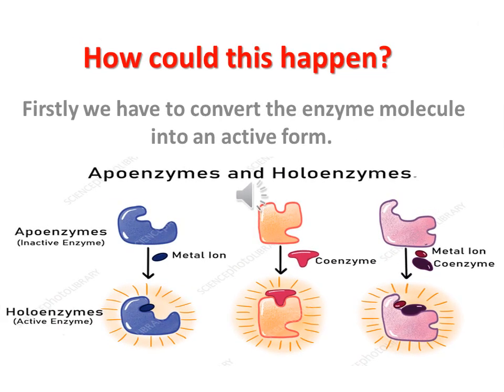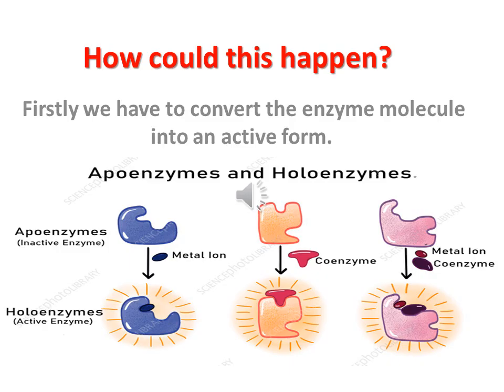How could this happen? How does the enzyme work in our cells? Sometimes the enzyme is present in the cell in an inactive form, called apoenzyme. Apoenzyme must be converted into holoenzyme, which is the active form of the enzyme.